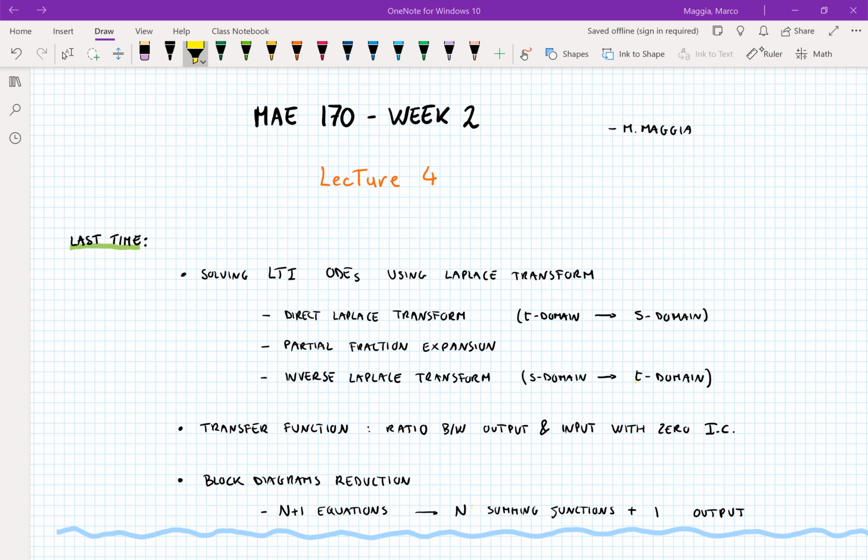We saw how to solve linear time invariant ordinary differential equations using the Laplace transform methodology.